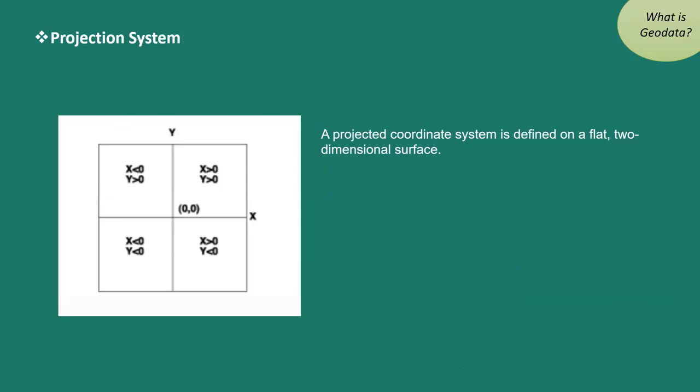In order to point coordinates, we transform it into a flat two-dimensional surface. This is done through mathematical algorithms, conical or cylindrical, and many more. And we have the projection system. Every country has its own projection system, and there is also a global geographic system that we can use to point the coordinates.